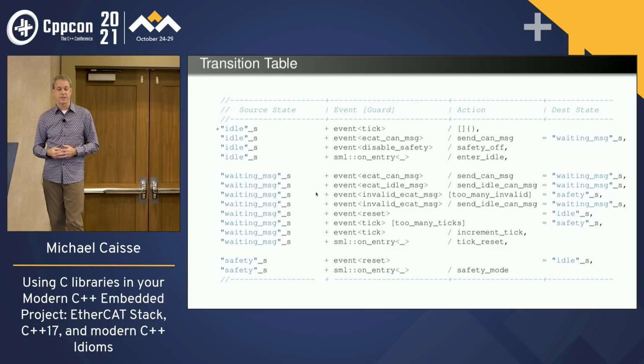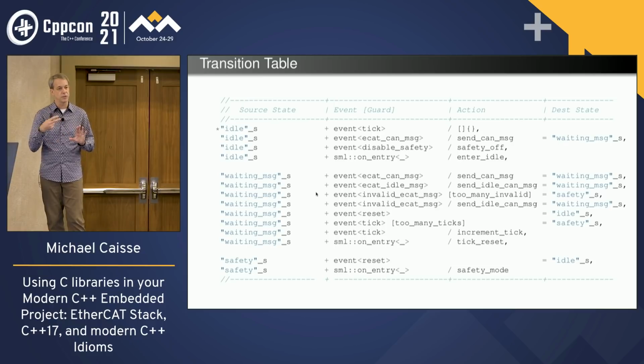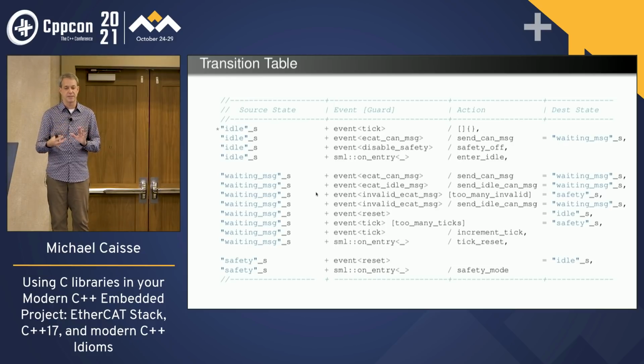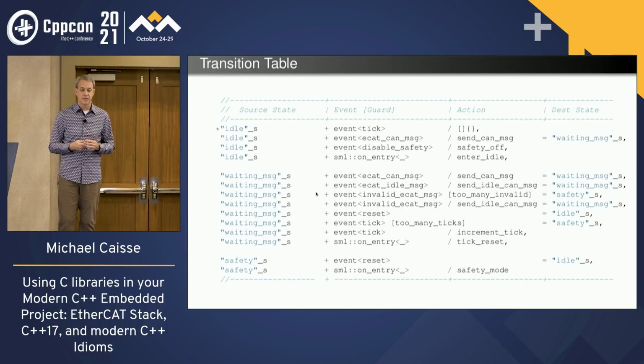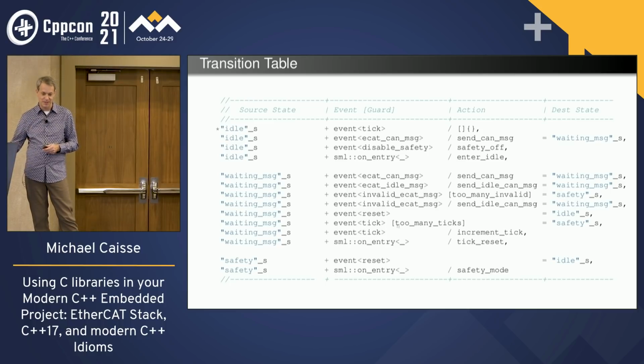If you're used to that notation, this notation for the DSL looks very similar. So the asterisk there is just, that's the starting state. And then the event is some type. And the type itself then is what's going to cause the transition to occur, which may or may not have an action. And then it'll have a destination state. Where are we going to end up? If no destination state is mentioned, then it's an internal transition. We're staying within the state itself. You can see that we have guards. So down there somewhere a little bit in the middle, missing my pointer here, right here.